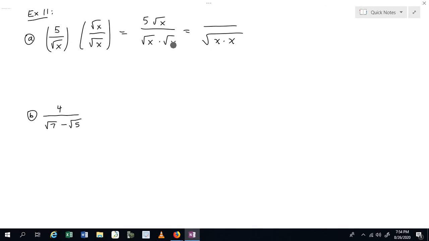These are the same thing, which happens to be the square root of x squared. And the square root of x squared is simply x. And so now we no longer have a radical in the denominator, and now this is considered simplified.